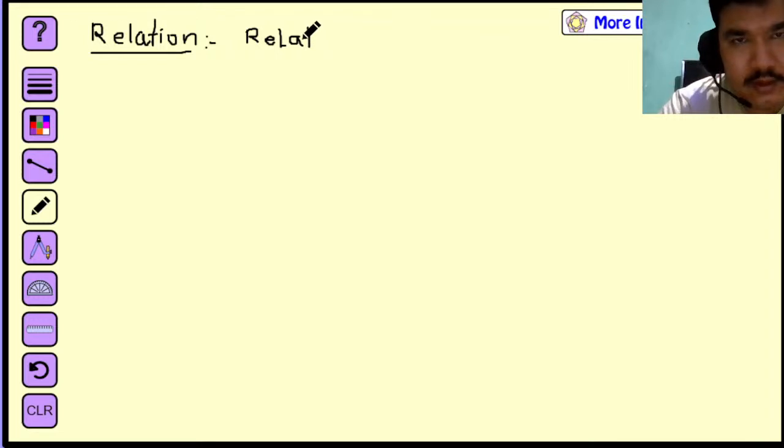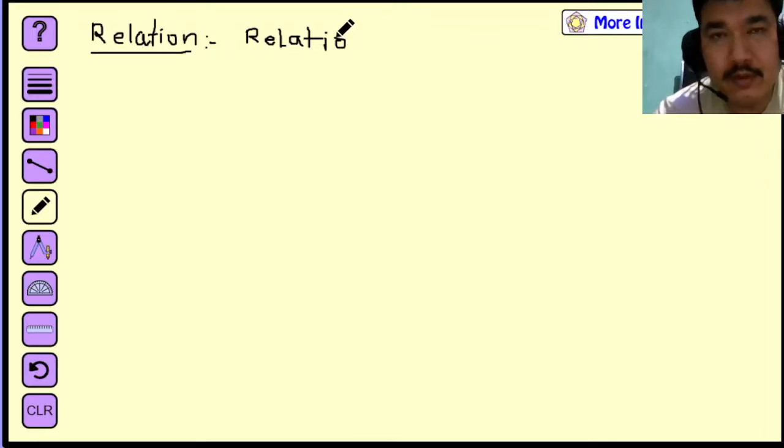Relation is a subset of Cartesian product.